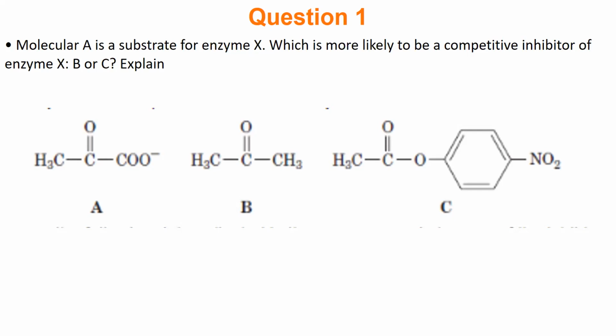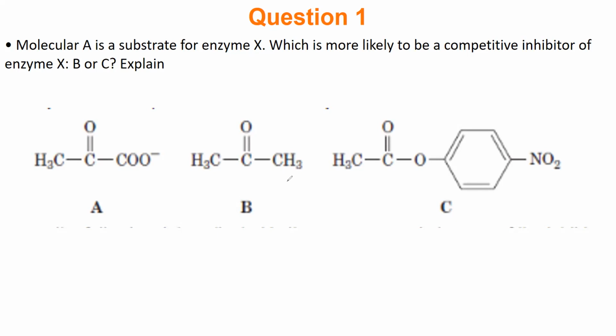All right, that's about 10 seconds based on my counting. I didn't do the Mississippi method. I just counted on my fingers. That would be B. So B looks a lot like A. C is a little too different in that this big phenyl ring would probably not bind as well as B.